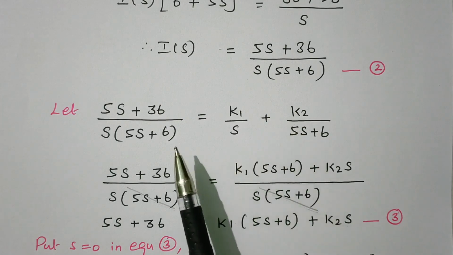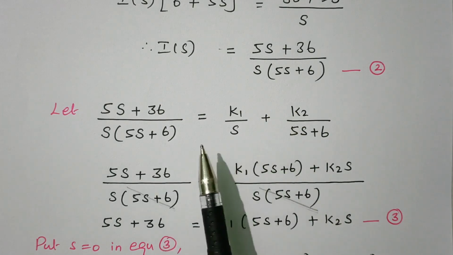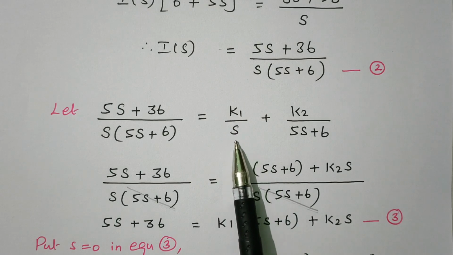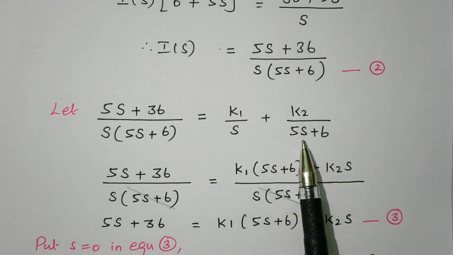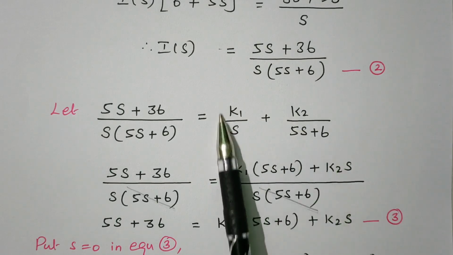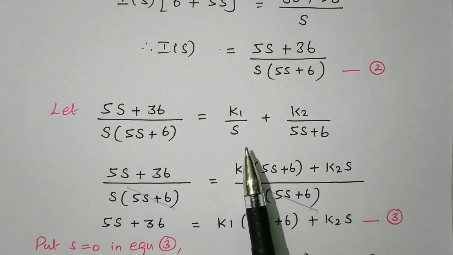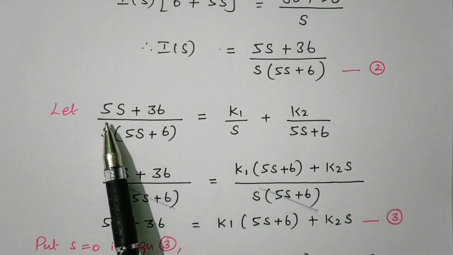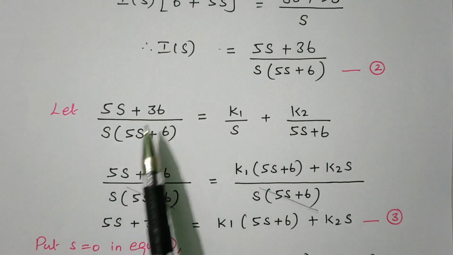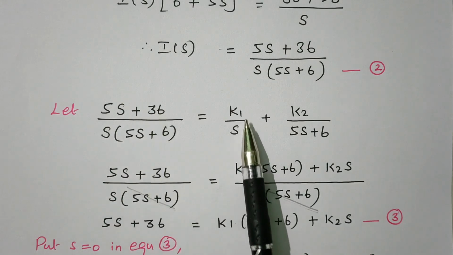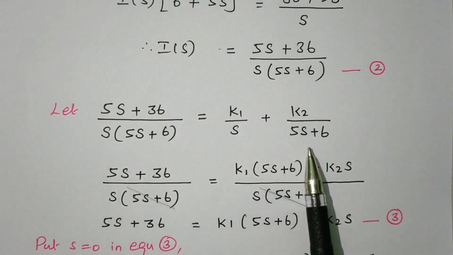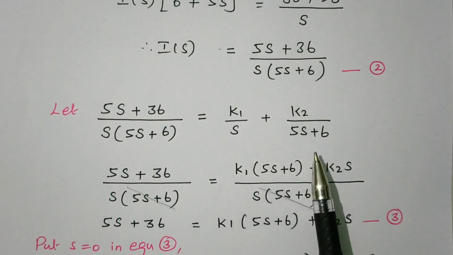That can be done by the partial fraction technique, like this: k1 divided by s plus k2 divided by 5s plus 6. Then we can easily take the inverse Laplace transform. So using partial fractions, this term is written as k1 divided by s plus k2 divided by 5s plus 6.